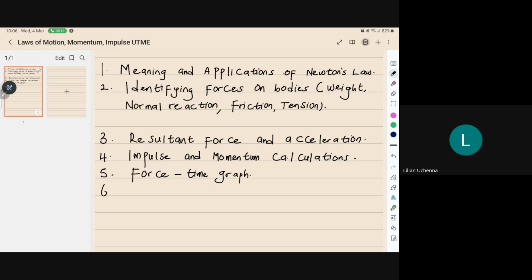After which there should be the conservation of momentum, where you start learning about elastic and inelastic collisions. So that is where we know about the conservation of momentum.